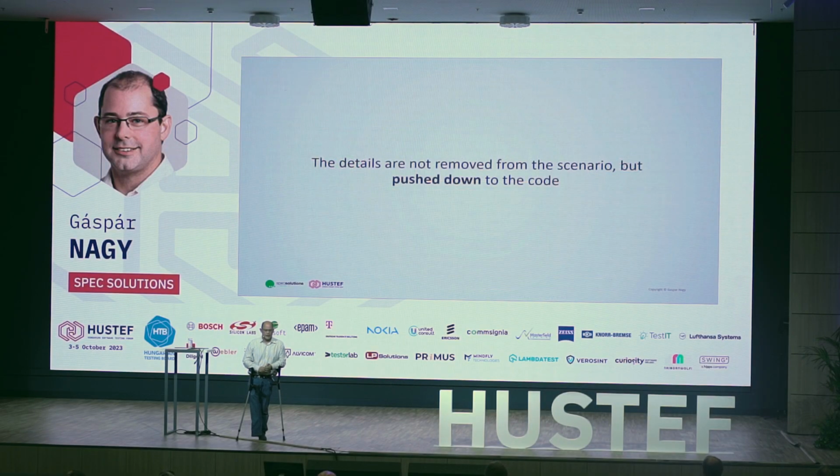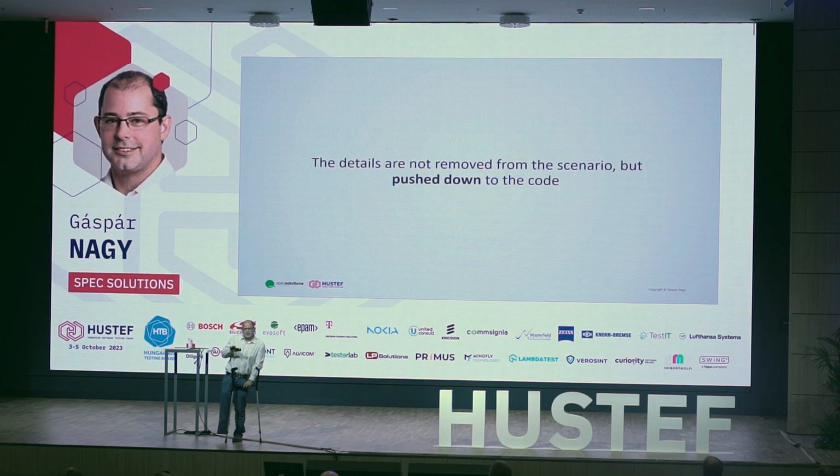And typically, when we talk about this topic, people used to say that, well, this scenario is too detailed. We should remove some details from the scenarios. But obviously, this is not a proper saying, because you are not removing those details. Those details are needed at the end for the execution. So you are not removing.